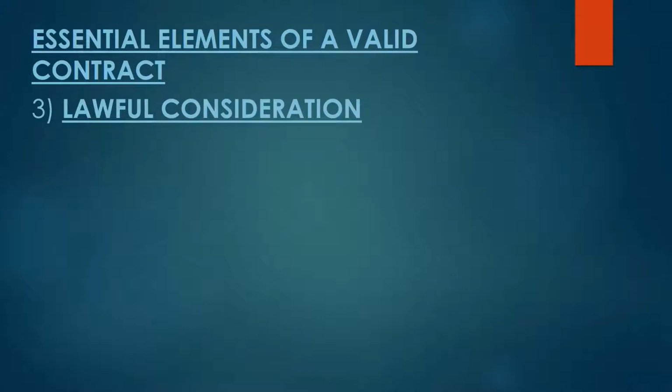Third important element, lawful consideration. I will explain consideration in detail later, but for now, in simple terms, consideration means when each party to the agreement gives something or gets something, right? For example, you go to a fruit seller and you buy 2 kgs of apples for 200 rupees.